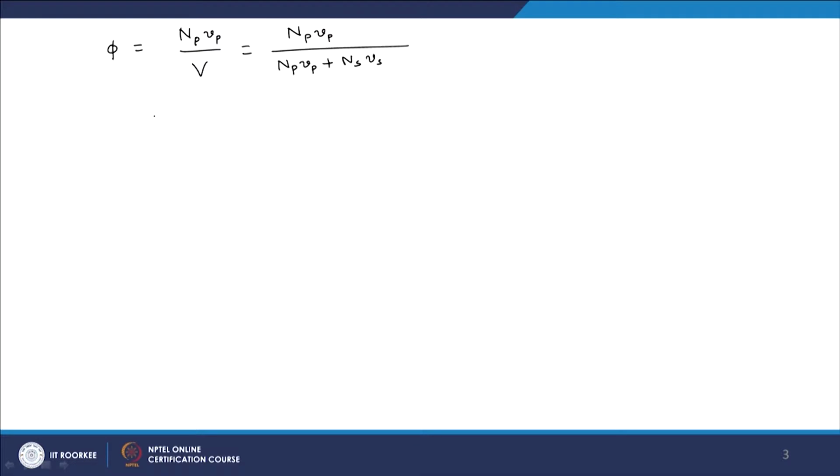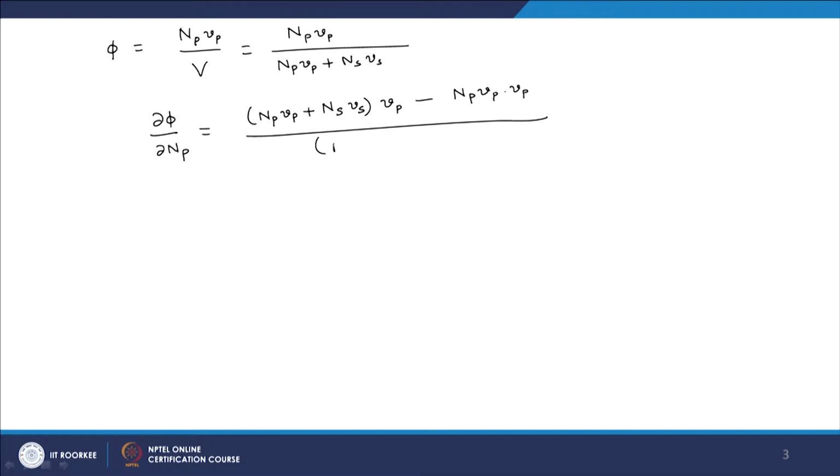So, if I do ∂phi/∂n_p, that is equal to (n_p V_p plus n_s V_s) multiplied by V_p minus n_p V_p multiplied by V_p, divided by (n_p V_p plus n_s V_s) whole squared.